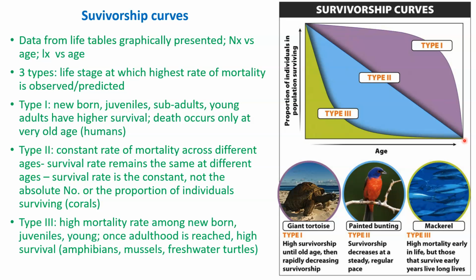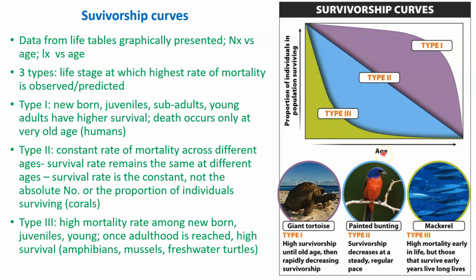Type 3: you observe a much greater mortality and much reduced survival at younger age classes, in neonates. You experience greater mortality and lower survival. Once a particular age is reached, in relatively older individuals, the survivorship increases and the mortality rate declines, so you can see a plateauing at older age classes.